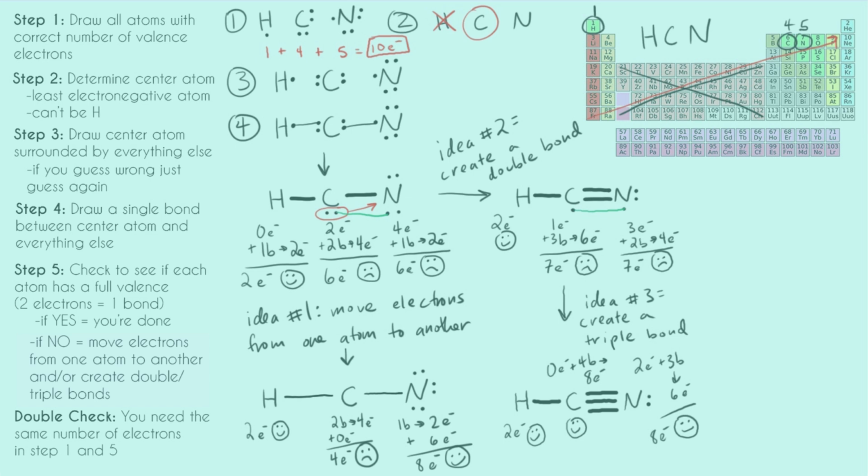So in my final structure, I had 4 bonds plus 2 electrons. Those 4 bonds equal a total of 8 electrons. So 8 plus 2 does equal 10. So my double check works out. I used the correct number of electrons and I was able to make everything have a full valence. All right, so at the end of this problem, my final structure for the HCN Lewis structure was.